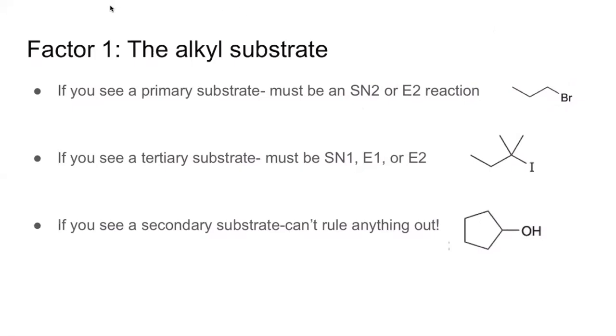So it becomes easier to do a backside attack. Yep, you're right about that. We can have a backside attack occur really easily on a primary substrate for an SN2. Great, thank you. On a primary substrate, it also isn't going to be super stable for a carbocation intermediate to form. So those are both reasons why primary substrates indicate SN2 or E2.